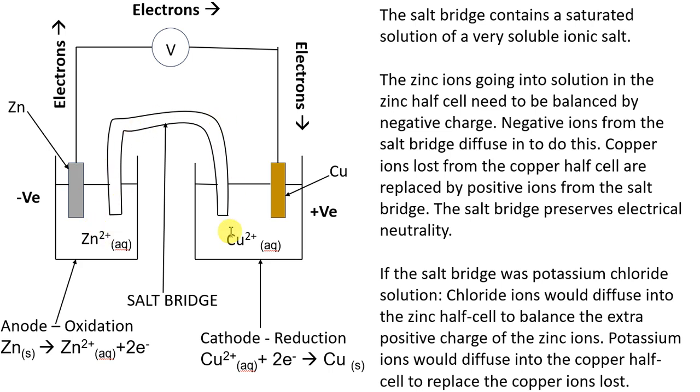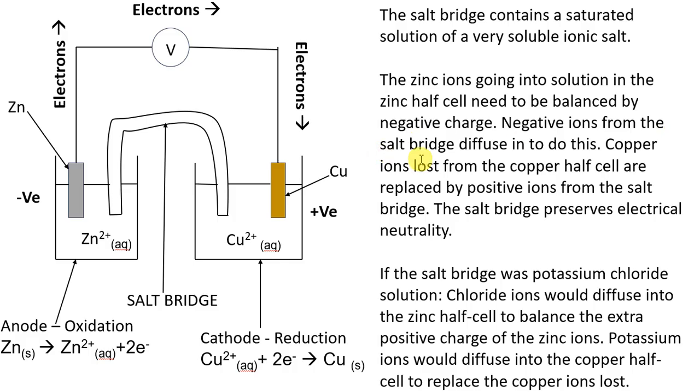We haven't mentioned the salt bridge yet, but the salt bridge contains a saturated solution of a very soluble ionic salt. Why very soluble? I'll have so many ions in there ready to perform their function. The zinc ions going into solution in the zinc half cell need to be balanced by negative charge.